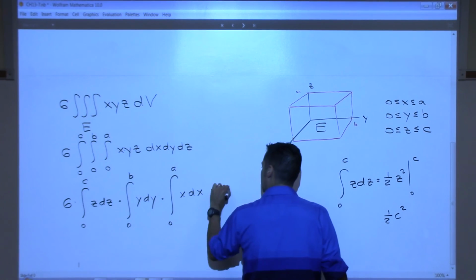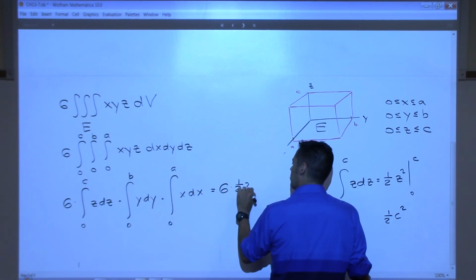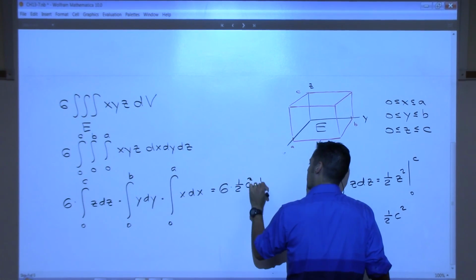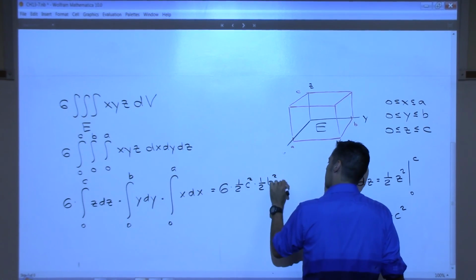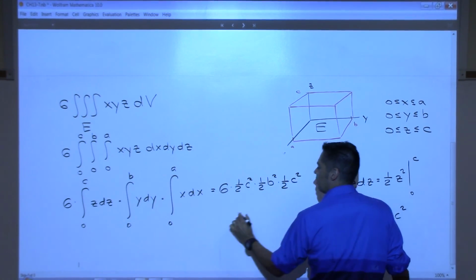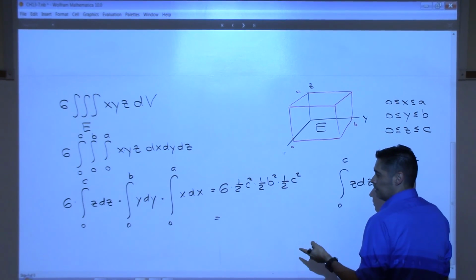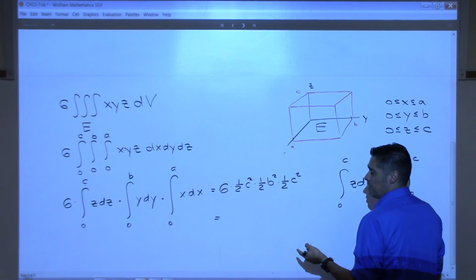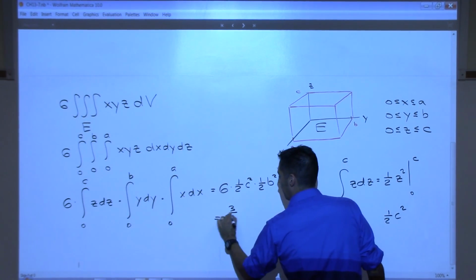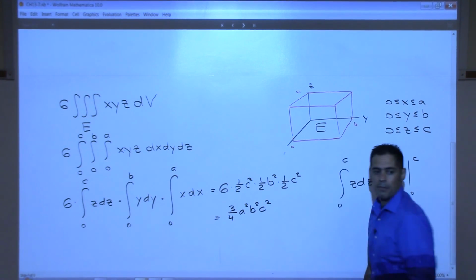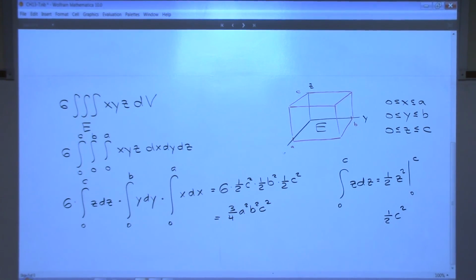So I'm going to have 6 times 1/2 c squared, times 1/2 b squared, times 1/2 a squared, which is 3/4 a squared b squared c squared. I put it in alphabetical order.